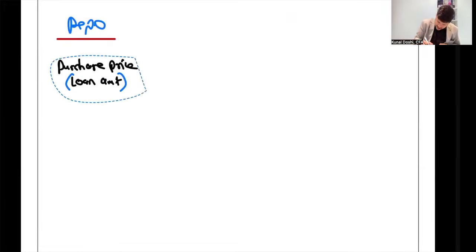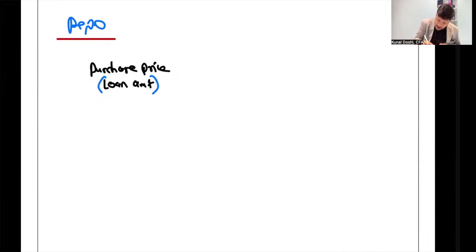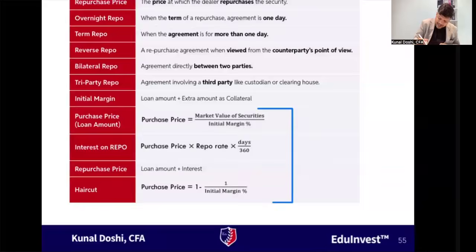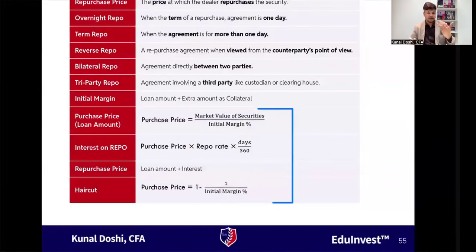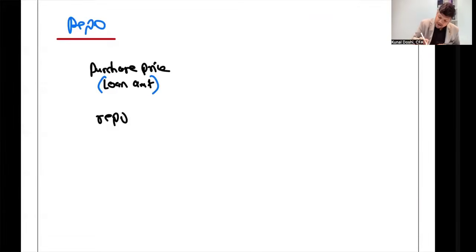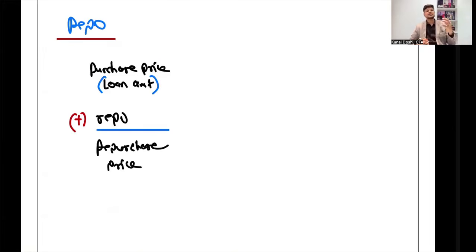So please understand, purchase price plus the repo, which is the interest, becomes the repurchase price, which is always higher. So actually repurchase price is nothing but purchase plus repo.